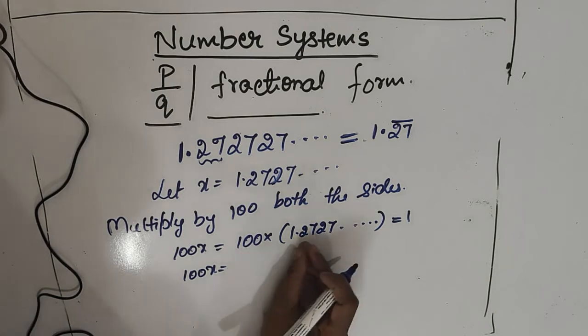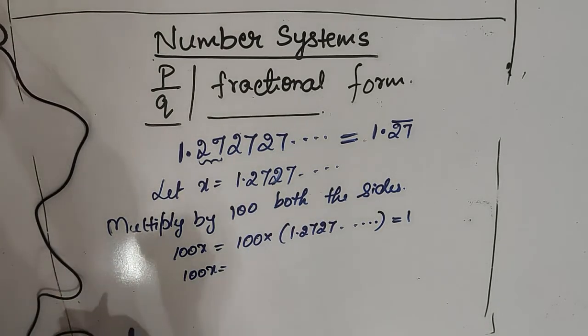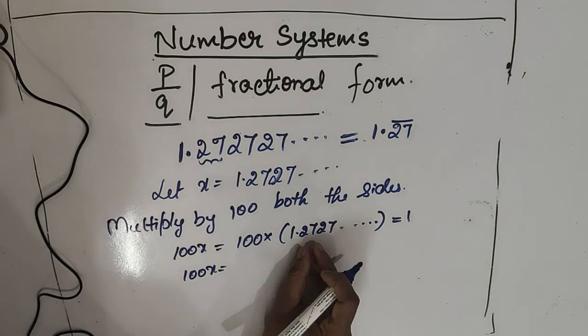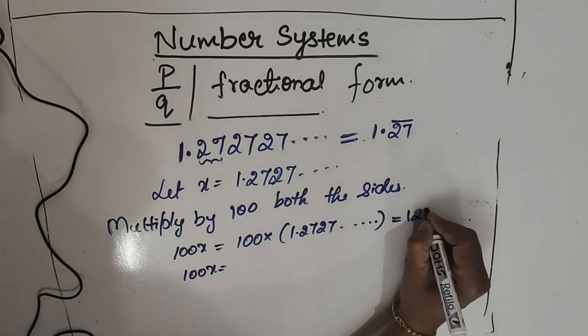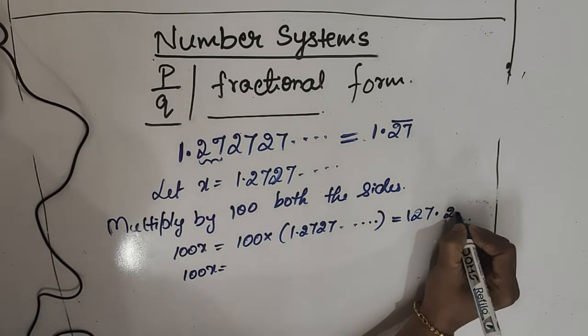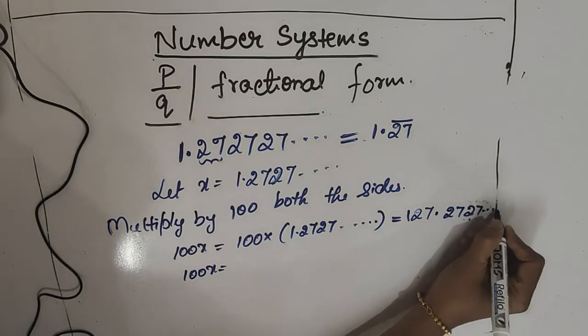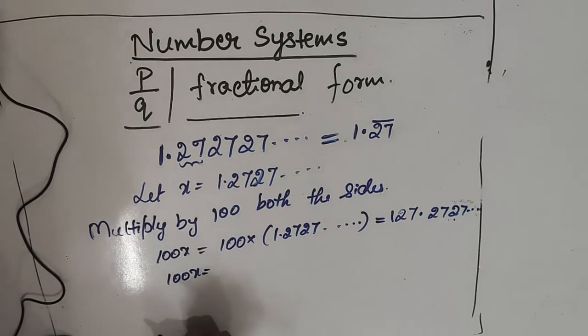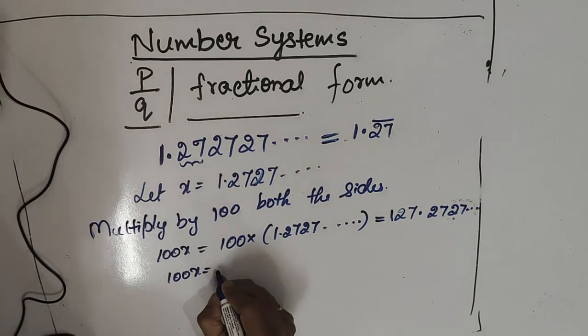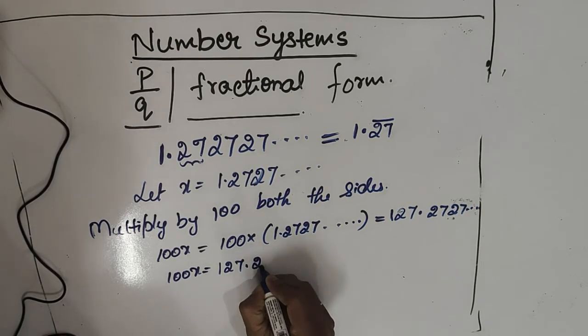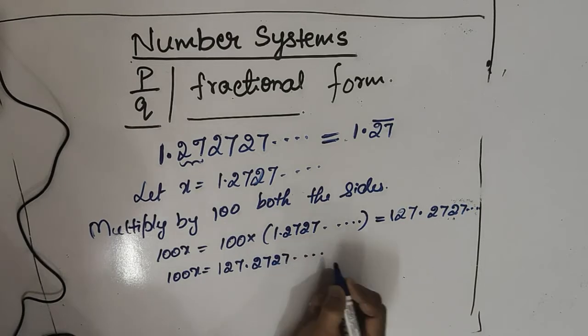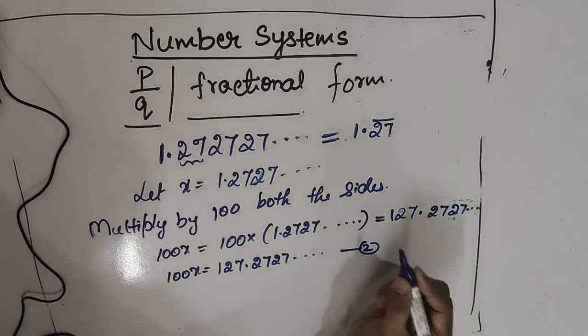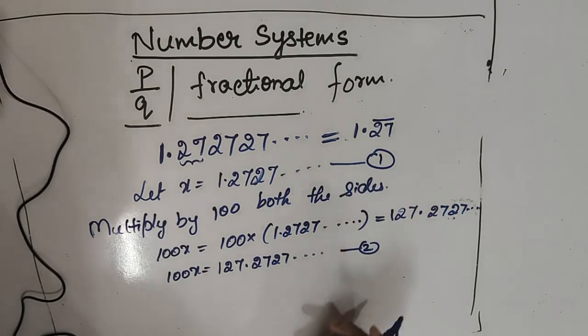You multiplied by 2 zeros, so 2 digits will jump to this side. So 127, and the remaining part stays on that side, and that will be repeating. So I'll write here 127.2727 so on. This is equation number 2. What we have taken here is equation number 1.